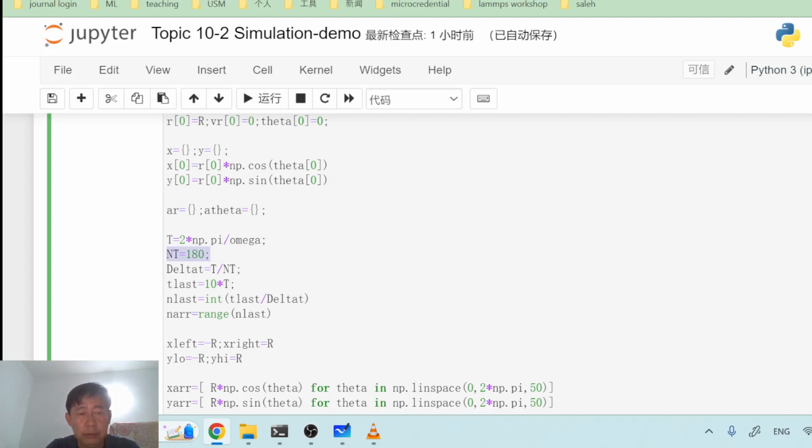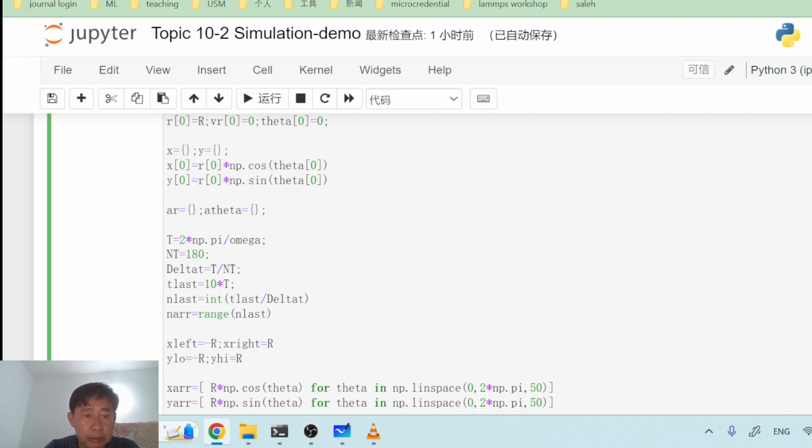Then I assume the number of grid points in my time grid, then the delta t is simply equal to T over nt. So here I'm defining the delta t as capital T divided by nt instead of defining it by t last.